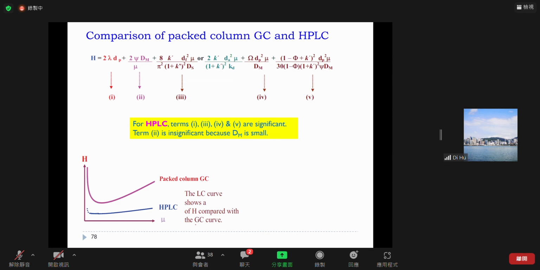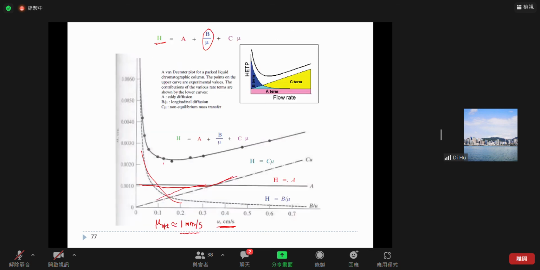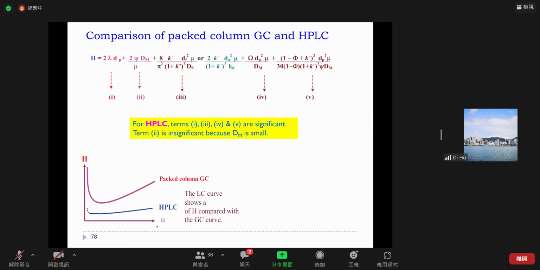Anyway, when we compare HPLC to capillary GC, HPLC has a smaller plate height because this term is totally ignored. The B value in GC is 10,000 times larger than in LC, and the optimized flow rate is also much smaller than in GC.